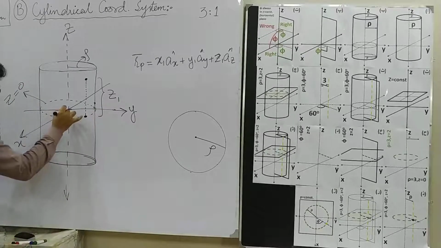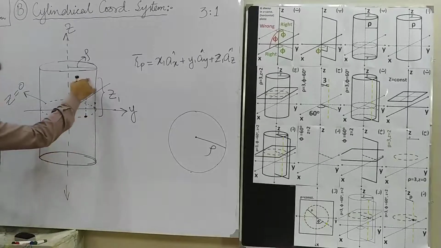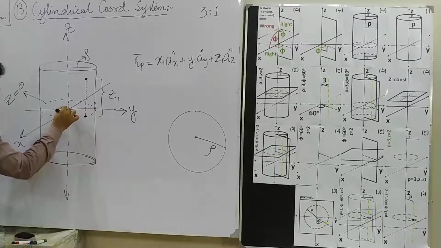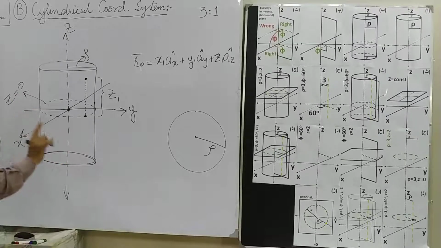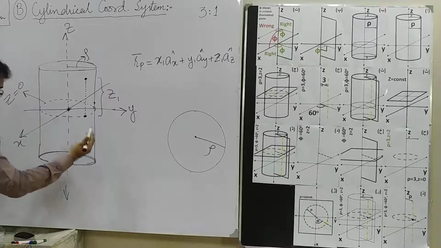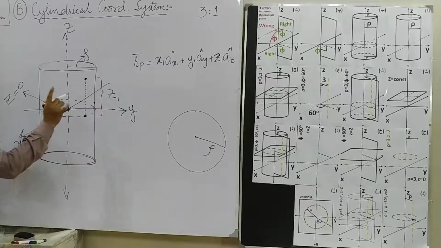Now once I am here, okay, this is the point. Keep this point in mind. I want to locate this point with respect to the origin. Now I cannot use xyz, I have to use some other coordinates. We are defining those coordinates. All right, so I would say move in the direction of a reference axis.